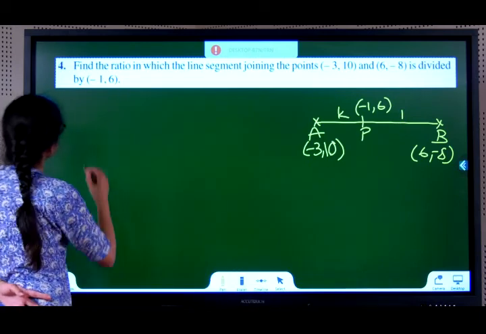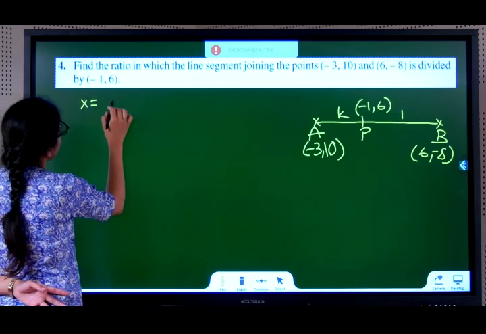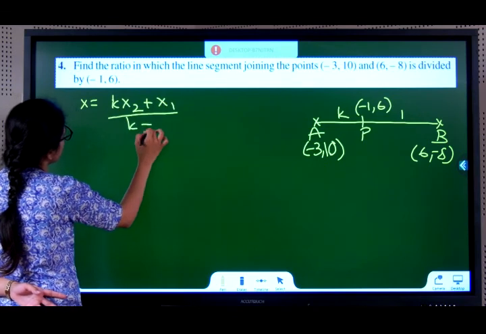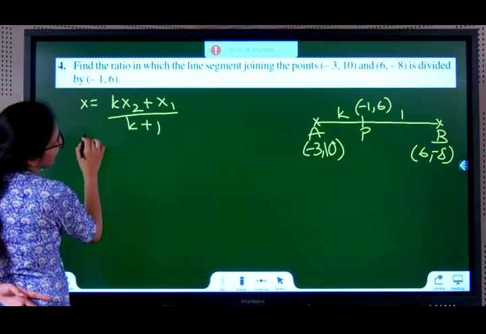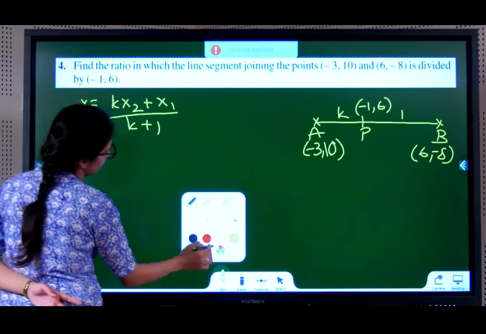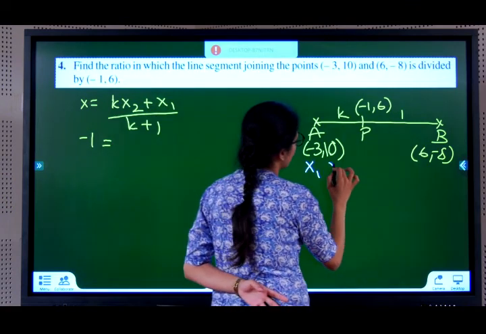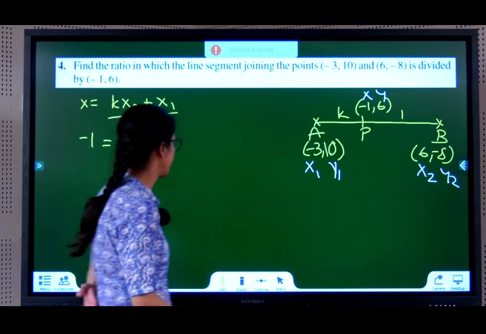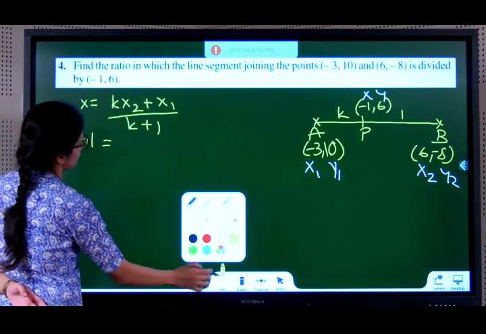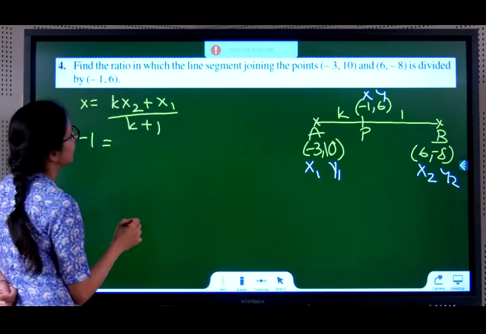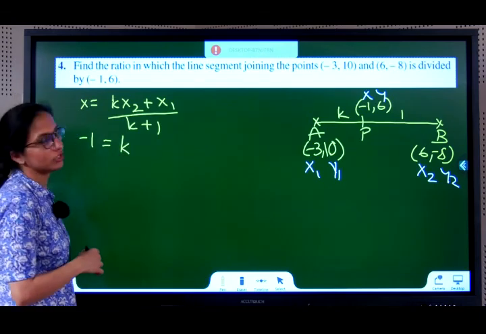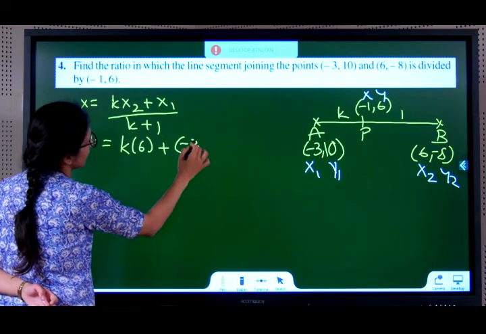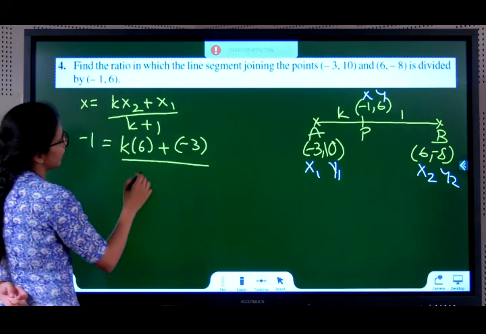So x is equal to (k x2 plus x1) by (k plus 1). X is minus 1. With x1, y1, x2, y2, x, y, minus 1 is equal to (k times x2, which is 6, plus x1, which is minus 3) divided by k plus 1.